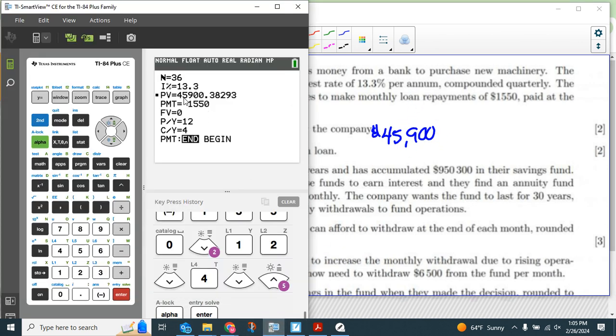If you put 45,900.38293, they would take that. You're always allowed to answer exact as well if you don't want to do 3 sig figs. And whenever it's a calculator response, they accept everything that the calculator gives as an exact answer.